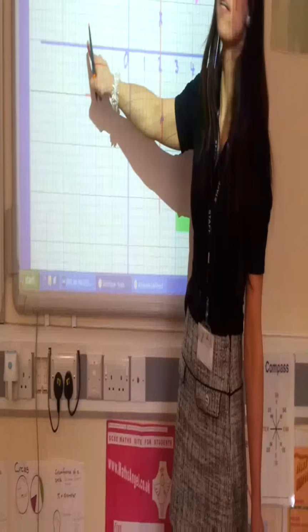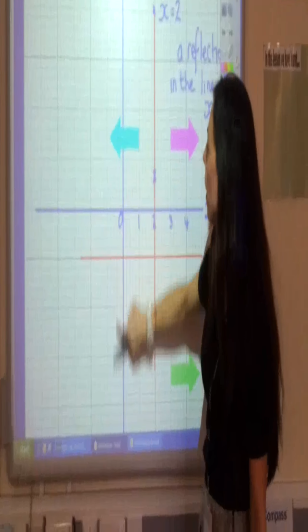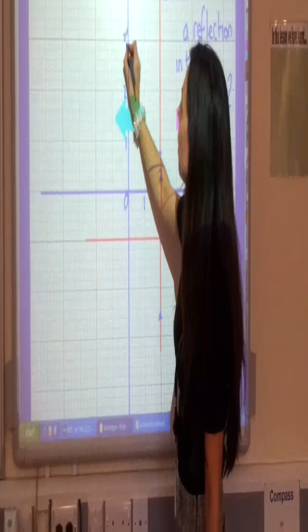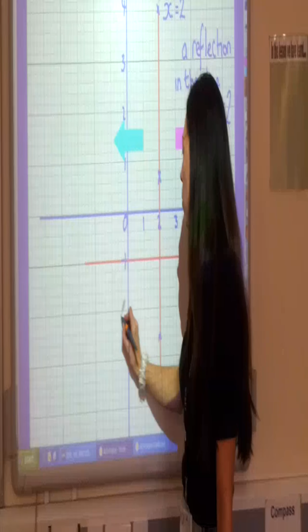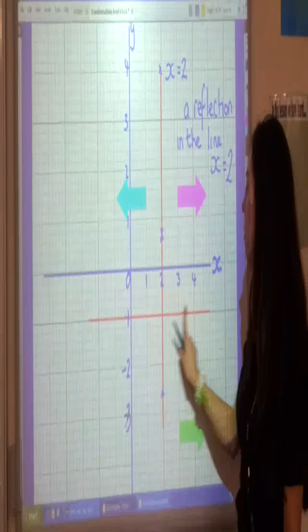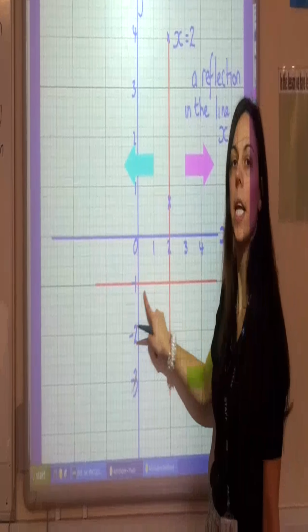It doesn't cut my x-axis, so I know it's not an x equals line. If I look down my y-axis, 0, 1, 2, 3, 4, coming downwards, -1, -2, -3. My mirror line this time cuts through my y-axis at this point here.